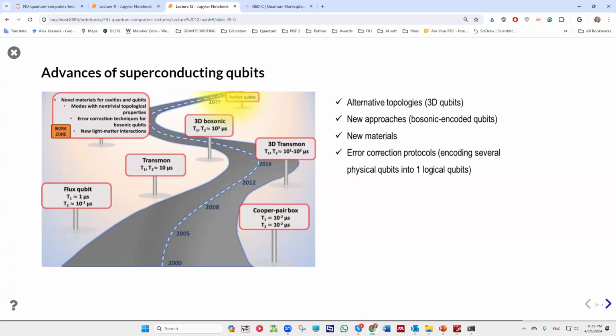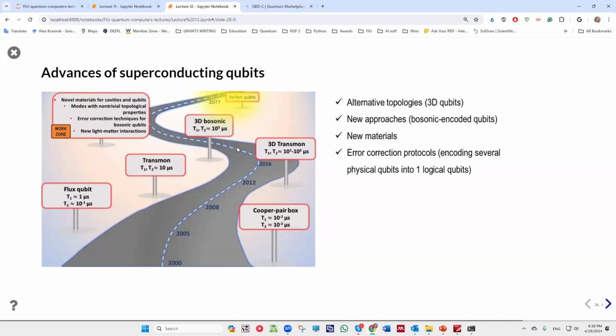This picture is taken from our recent paper. The main point from this paper is that here we demonstrate a roadmap, starting from around the year 2000, like 25, 24 years ago, and up to today.